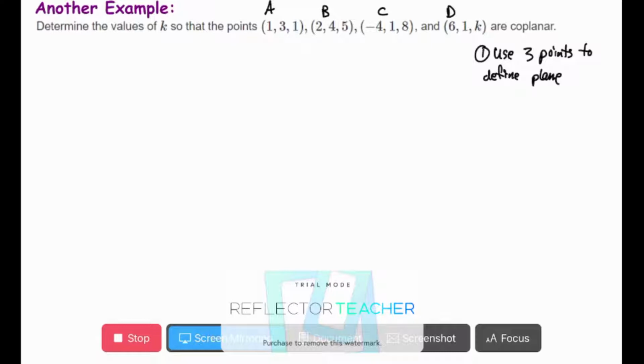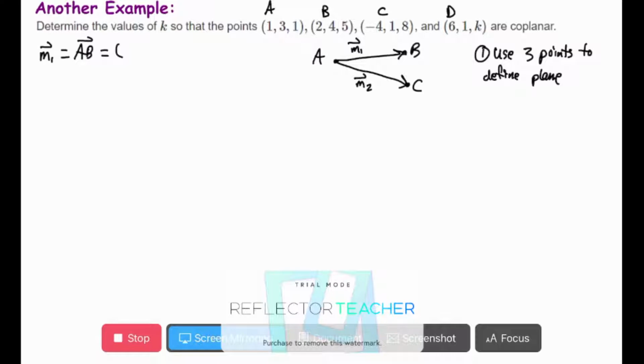All right, so let's find the equation of the plane using our first 3 points. Just like before, A, B, C. A is going to be my point vector. AB is going to be my first direction or basis vector. Vector AC is going to be my second one. So vector M1, which is equal to AB, and I find the difference between the X, Y, and Z components.